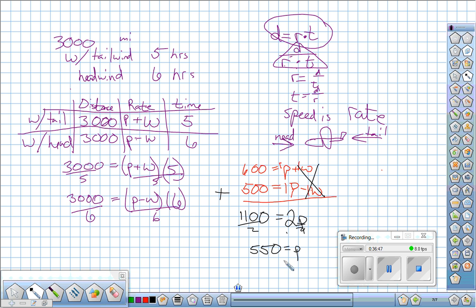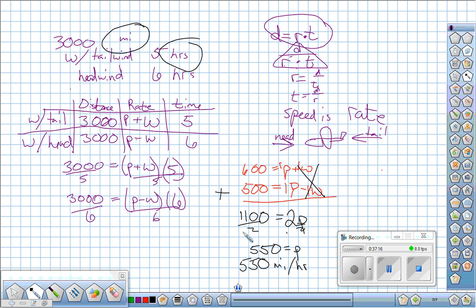That means the plane is moving at 550 miles per hour, because we were initially given miles per hour. You have to be able to state your units. You could have done MPH, sorry. Now I have to figure out the speed of the wind. I can plug it back into either one of the formulas, it doesn't matter.